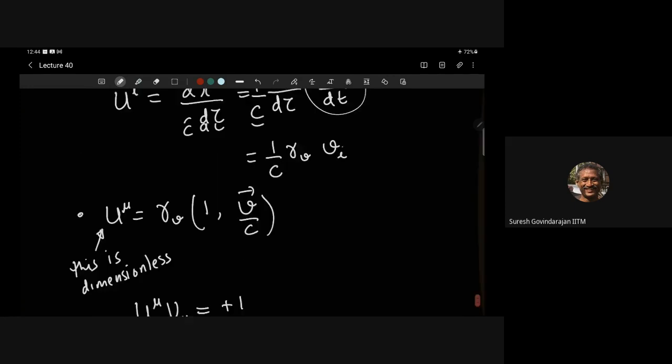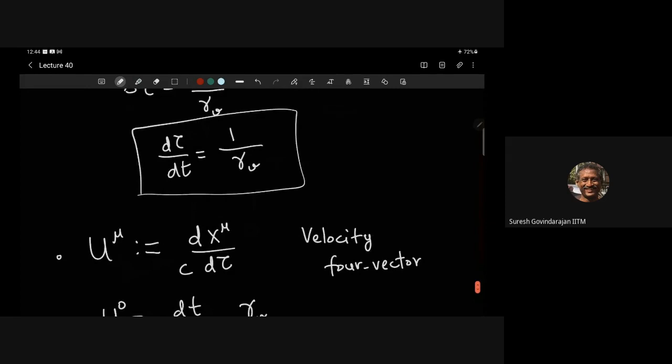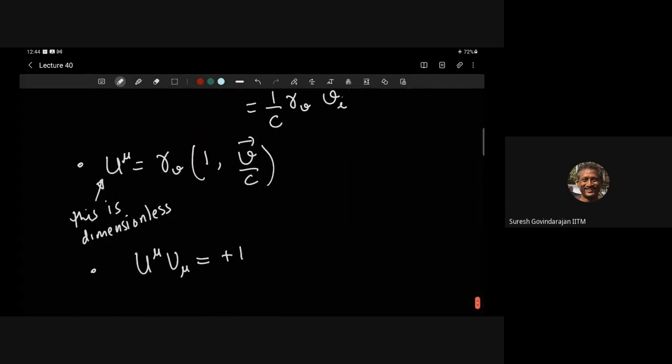So we have a 4-vector, but it's a constrained 4-vector which satisfies u mu u mu equal to 1. So it has only 3 independent components. Remember I told you that's a puzzle: we have a velocity which has only 3 components, and we need to search for a scalar, which is not really there, to add to it to make a 4-vector. But this is how. So velocity is a constrained 4-vector, the 4-velocity.